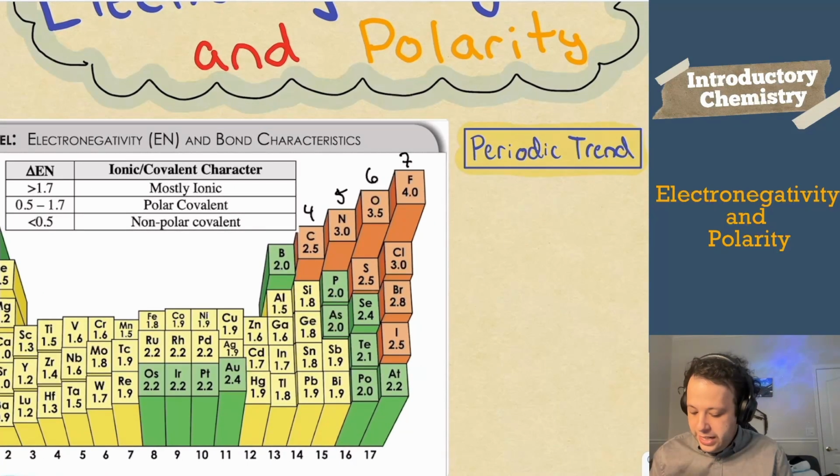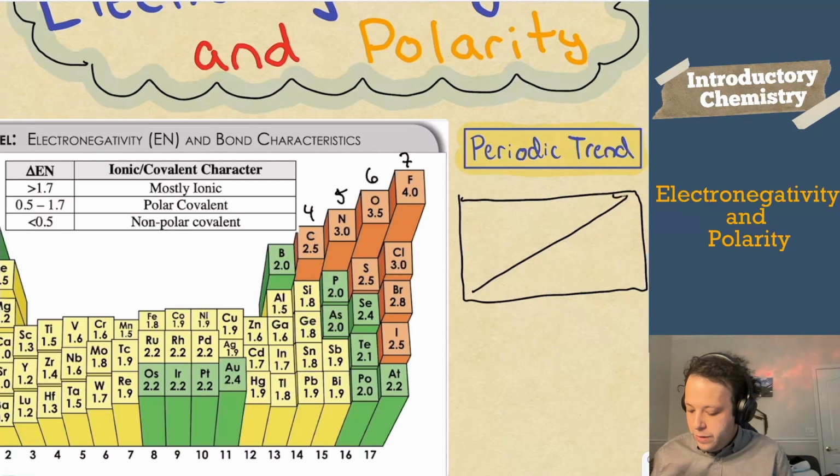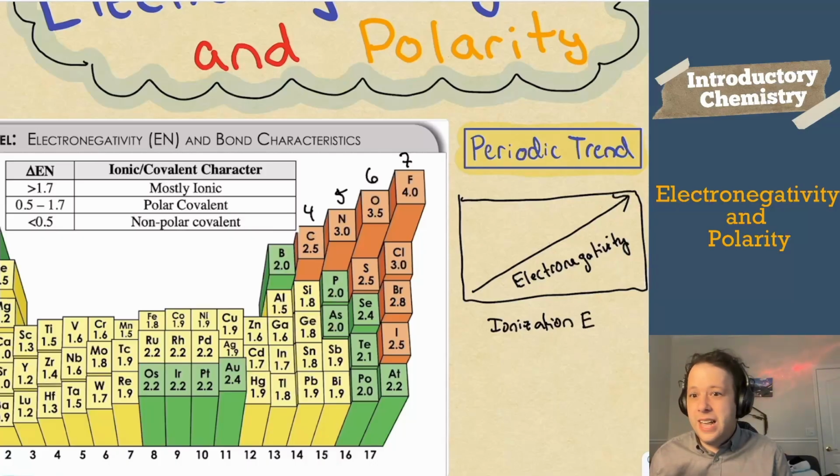So, what we see in this trend is that there is an unevenness towards the top right of the periodic table. Electronegativity is going up and to the right. And this trend is following the same thing that ionization energy had, meaning that these atoms are not willing to give up their electrons.